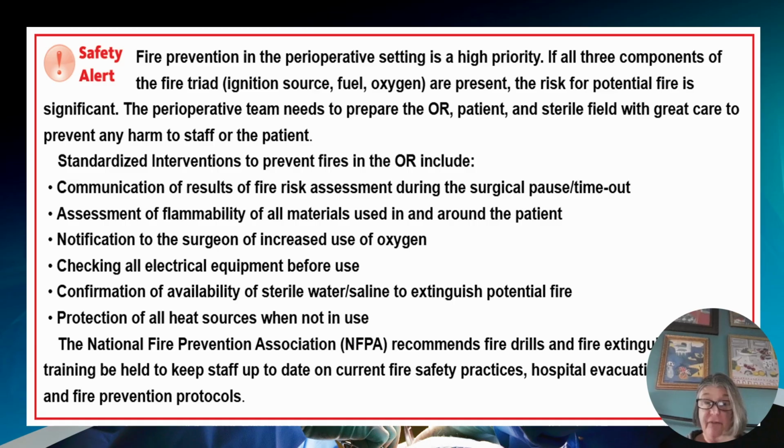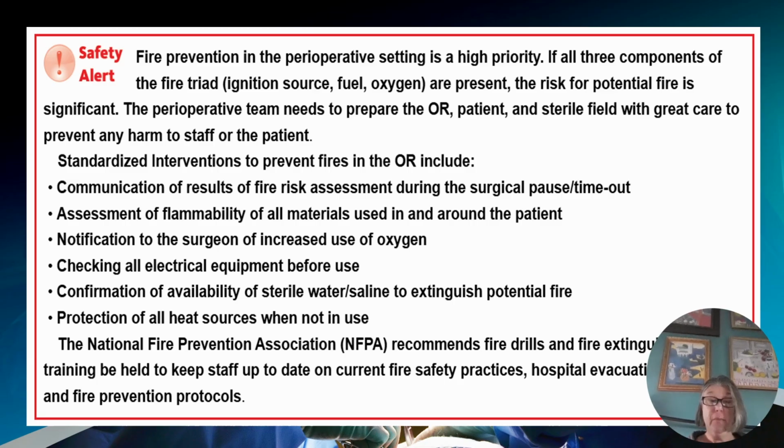Standardized interventions to prevent fires in the OR include communication of results of fire risk assessment during the surgical pause timeout, assessment of flammability of all materials used in and around the patient, notification to the surgeon of increased use of oxygen, checking all electrical equipment before use, confirmation of availability of sterile water/saline to extinguish potential fire, protection of all heat sources when not in use. The National Fire Prevention Association recommends fire drills and fire extinguisher training to be held to keep staff up to date on current safety fire practices.